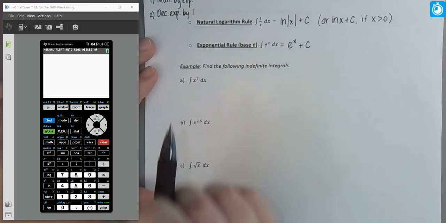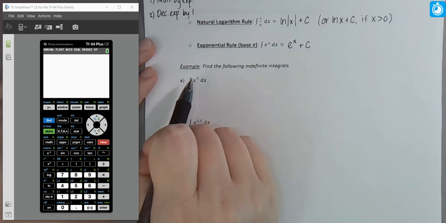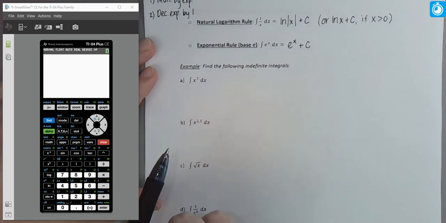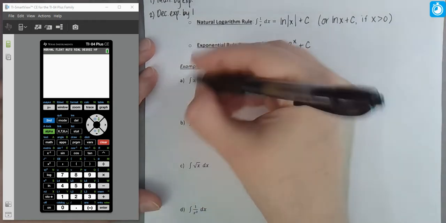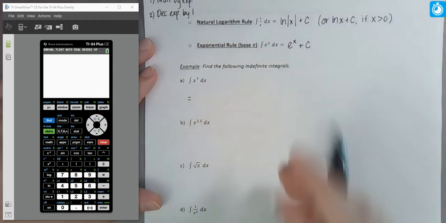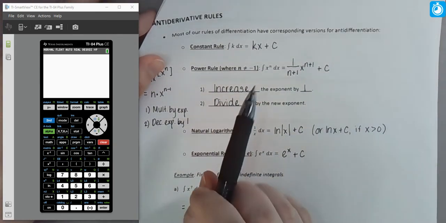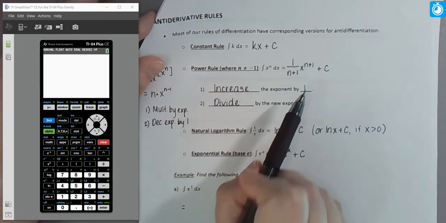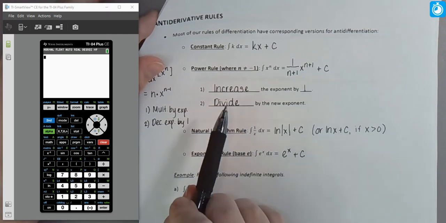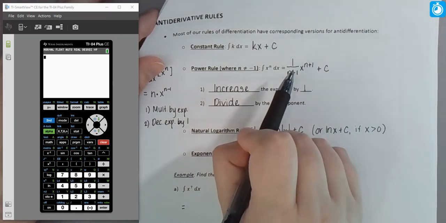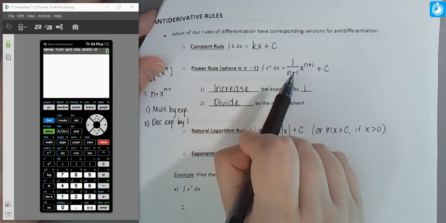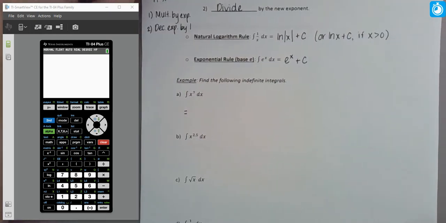In other words, we're asking the question, if this is our derivative, what function did we differentiate to get that derivative? So in this case, we're going to use the power rule. Let's review that. The power rule says take the current exponent and increase it by 1, and then divide by that new exponent, or you can think of that as multiplying by 1 over that exponent.